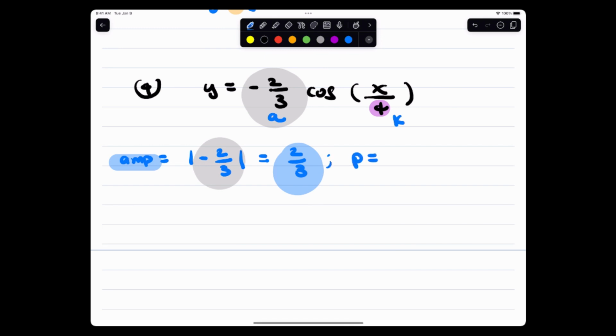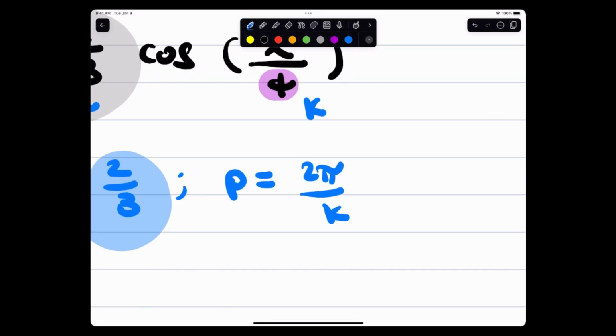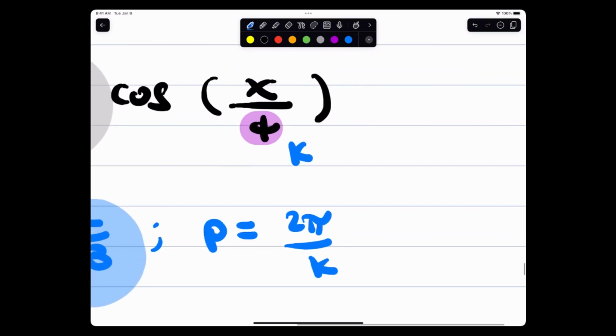Period is going to be 2 pi over K, but we're going to have to see what this means. What does that mean? Okay, you say, well, I don't know what K is. What do you guys think K will be? 1/4. K is 1/4.